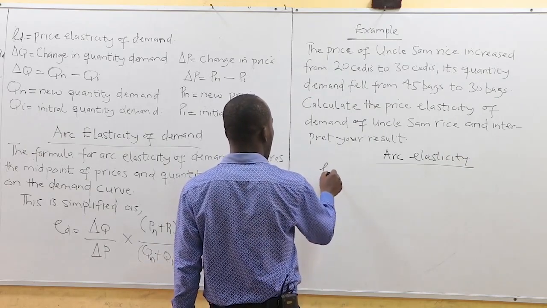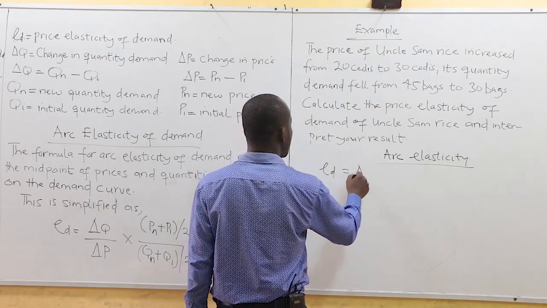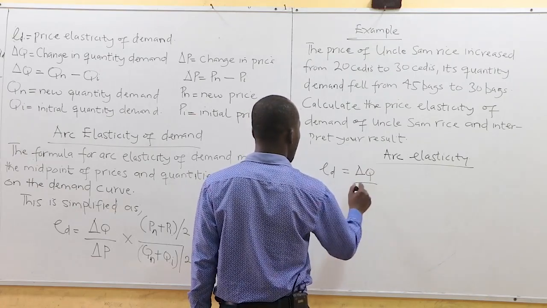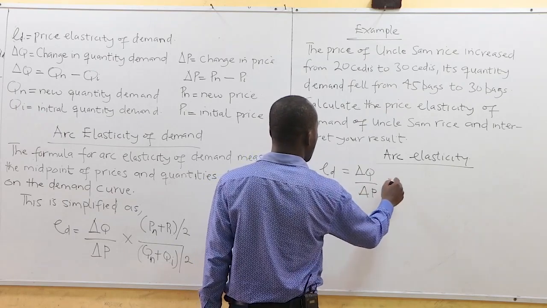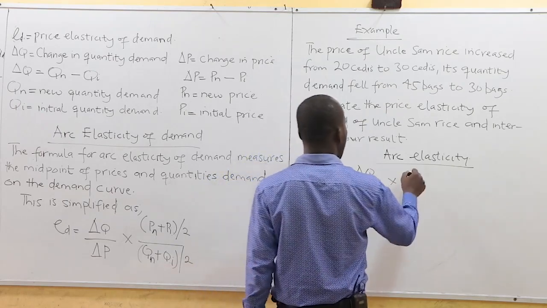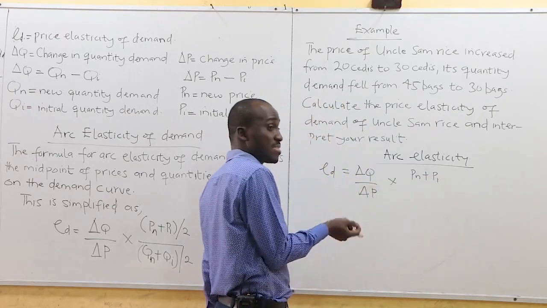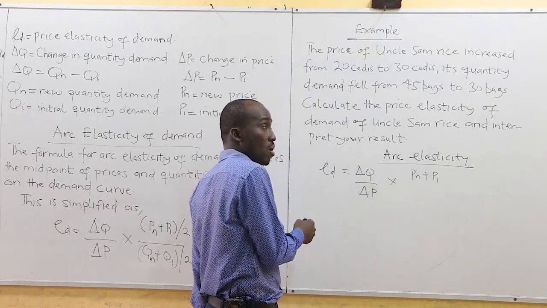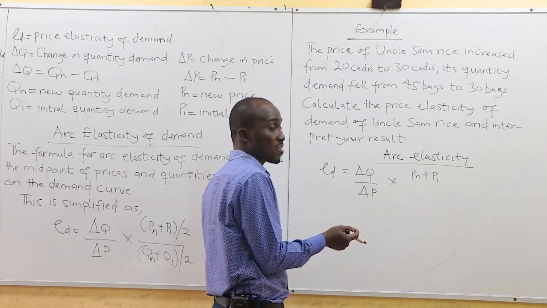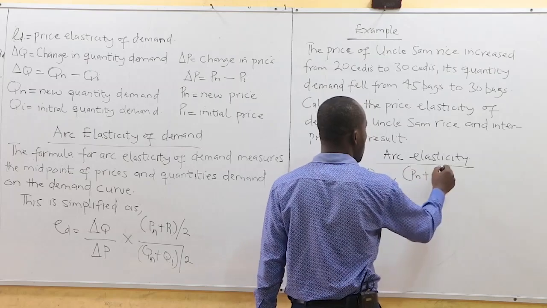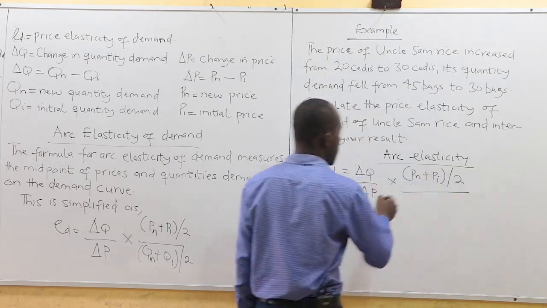What's the formula? The formula is change in Q by change in P times the initial price plus the new price, or the new price plus the initial price, it's the same thing because addition is commutative, divided by 2.